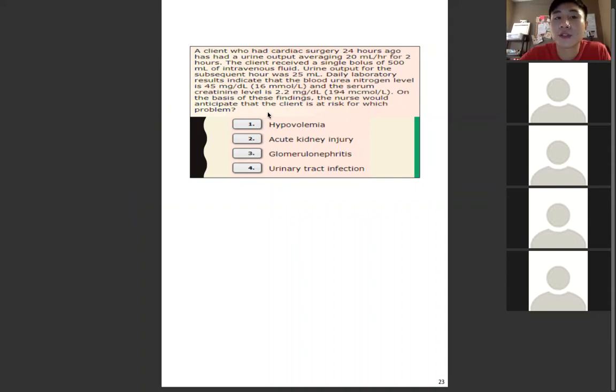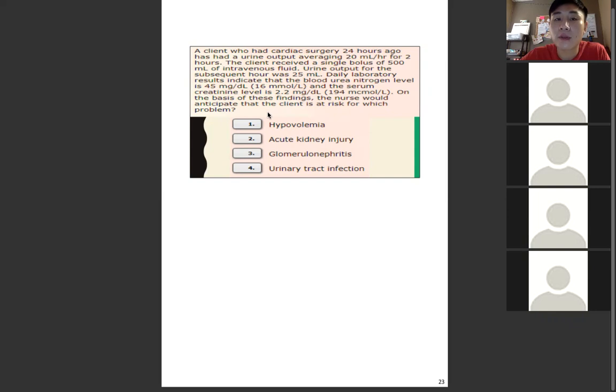The first question I have is: a client who had cardiac surgery 24 hours ago has had a urine output averaging 20 ml per hour for 2 hours. The client received a single bolus of 500 ml of IV fluid.